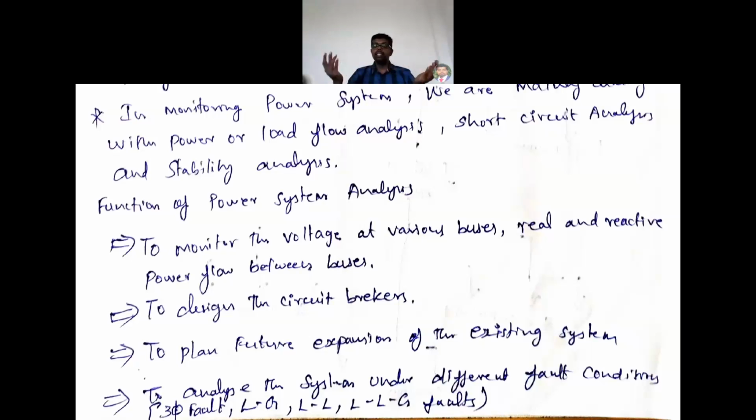Due to industrial revolution and population, automatically the load will increase day by day. Say for example, if you take the load of this particular time throughout India, it is some gigawatts, say for example 1,70,000 megawatt.